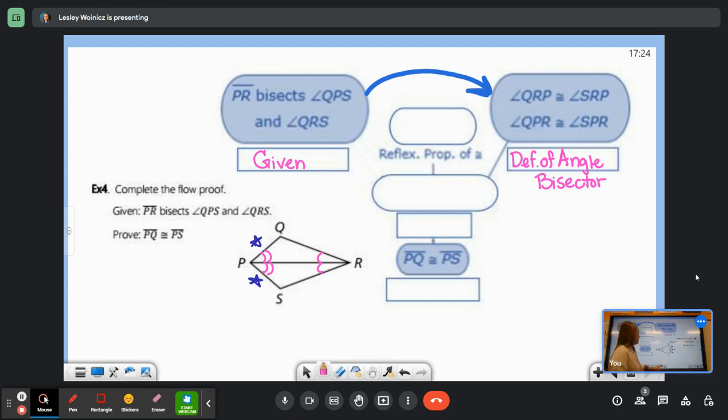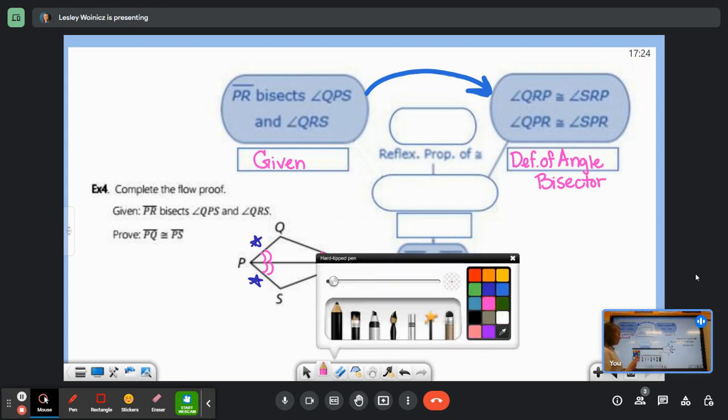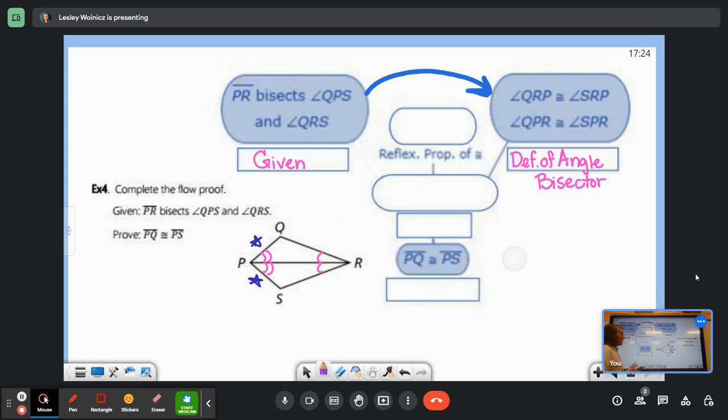Okay, so I have two pairs of congruent angles. I don't want another pair of congruent angles because then I would just have angle, angle, angle, and that does not work for congruence. That just makes similar triangles, because the triangles can be different sizes and have the same angles. So I need a side.